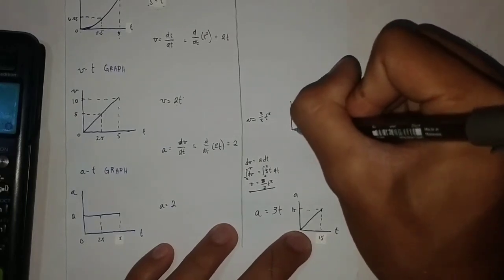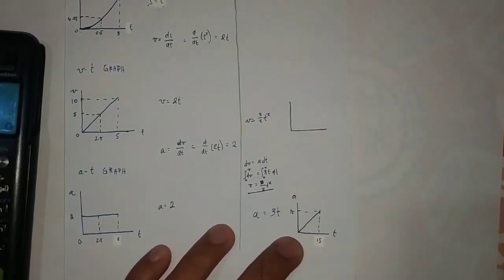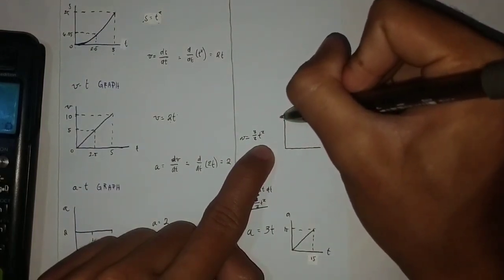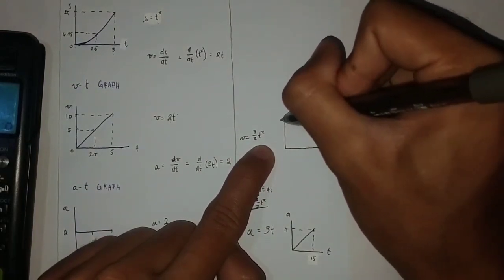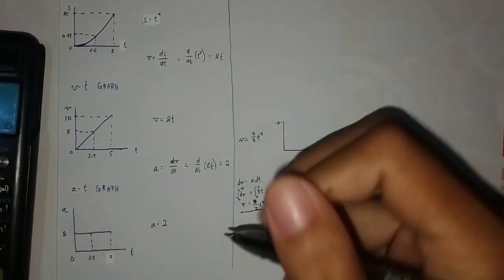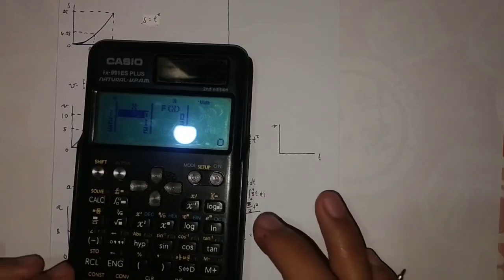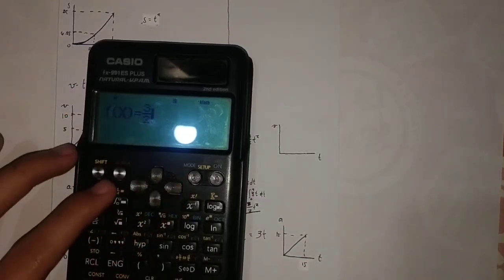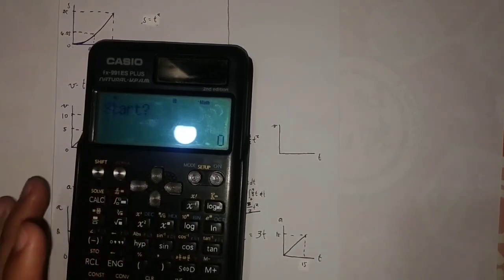So how do we graph that? Since its highest degree is 2, its graph should be a parabola. We have VT. You can also use your calculator to create numbers for your graph.